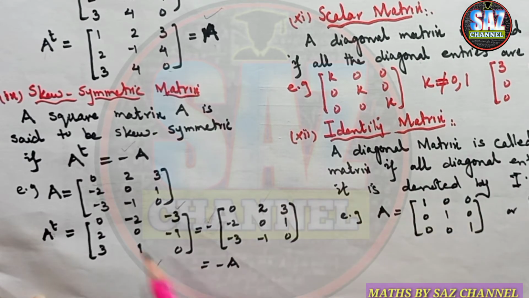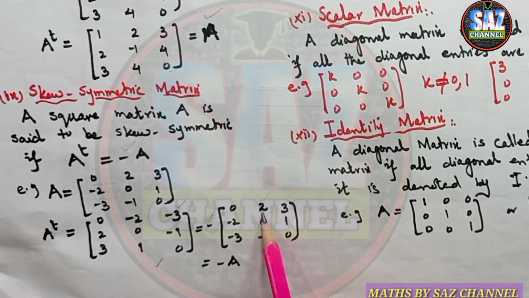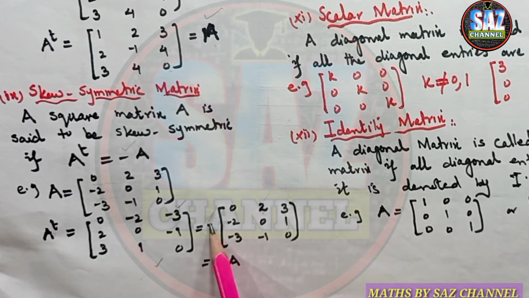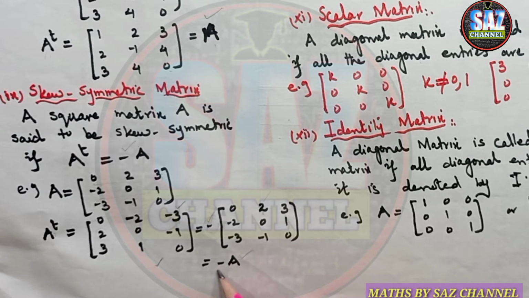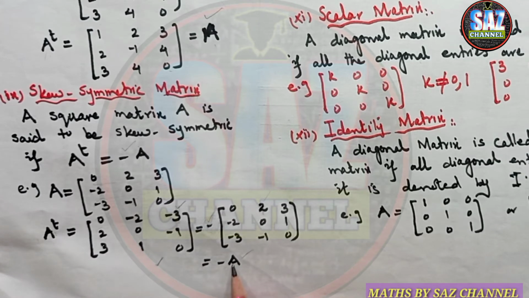This 2 was negative here, after pulling out the minus sign it has become positive. Then 0 does not have any sign. Then minus 1, and then 3 is negative, that minus sign is out, so it will become positive. Same for 1. So if we now look at this matrix, this is equal to A, and this minus sign is there because we have pulled out the minus sign, so A transpose equals minus A. It means that this is the skew symmetric matrix.